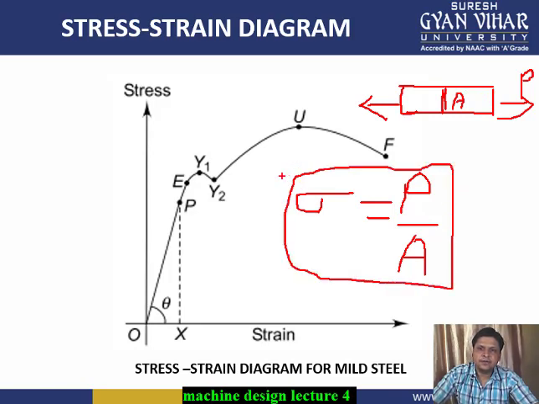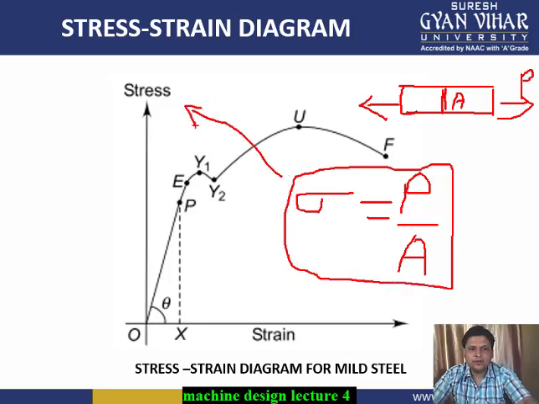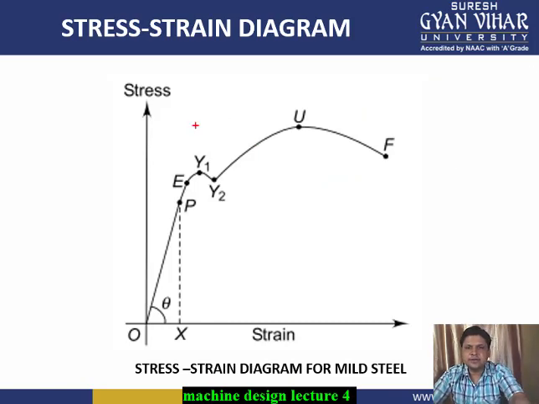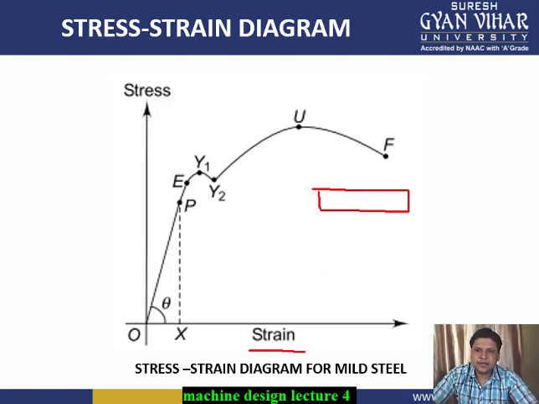And what is the strain? This was your stress, and now what is your strain? Strain is change in length upon original length. Once again, I am making this diagram. If you apply a tensile load on it, what will happen? Its length will increase.